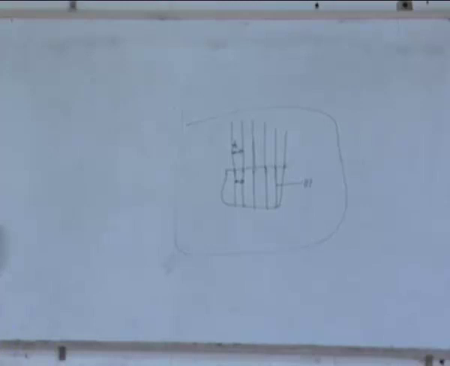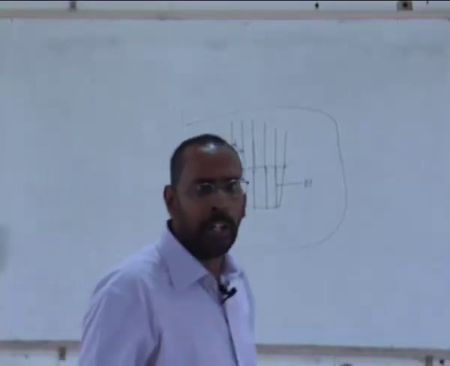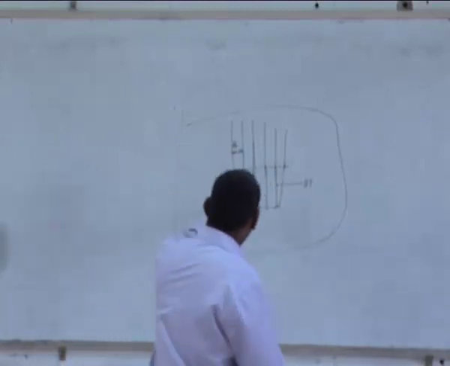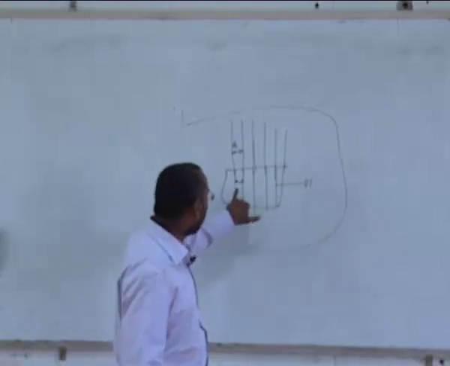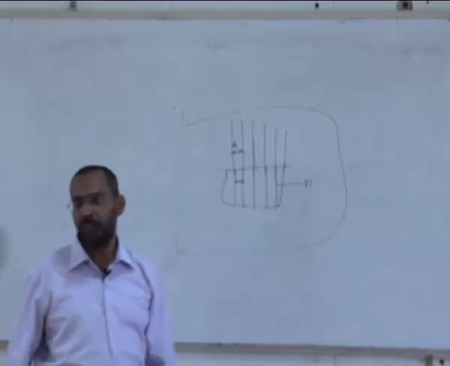Then we call it a coherent interface. When do we call it not so coherent an interface? When the d-spacing of a particular plane, let's say the 1 1 1 plane, is different when compared to here. Then what happens?